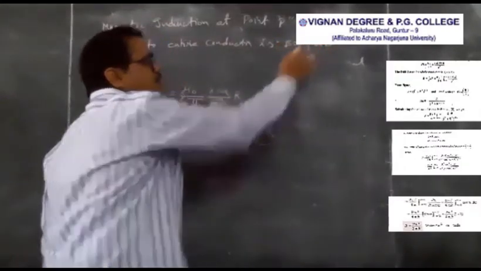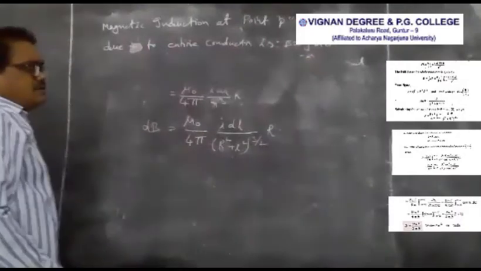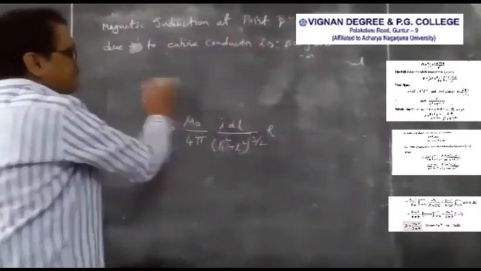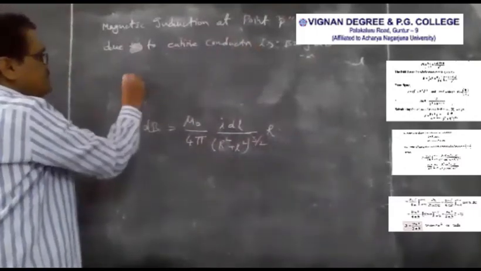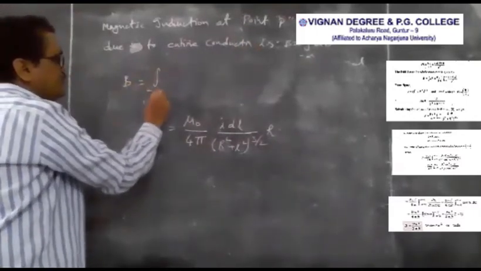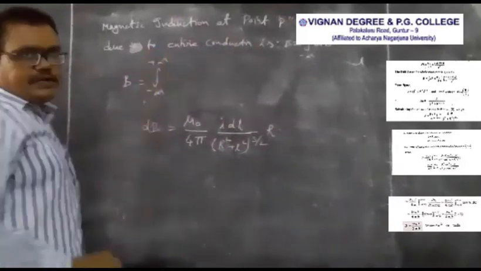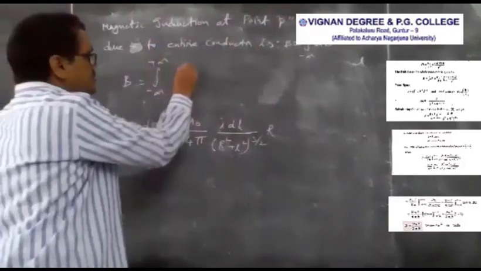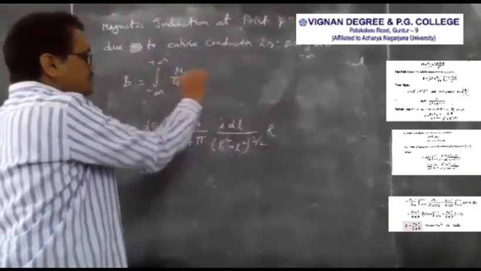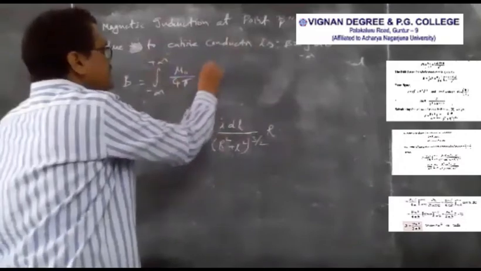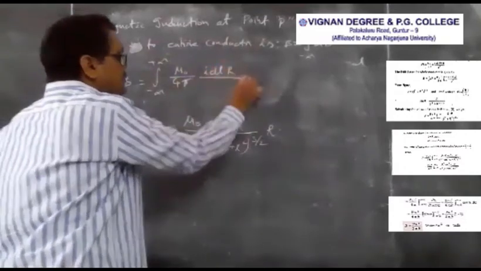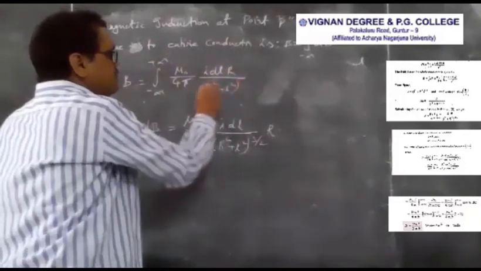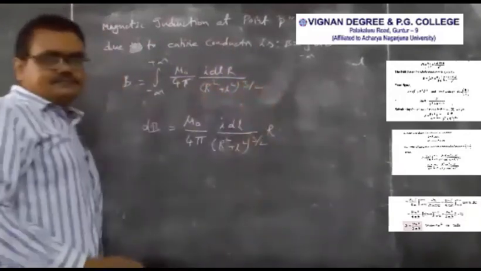Substituting the value of dB in that equation, we get B is equal to integral from minus infinity to plus infinity. In place of dB, we can write mu naught by 4 pi I dl into R by (R square plus l square) to the power of 3 by 2.